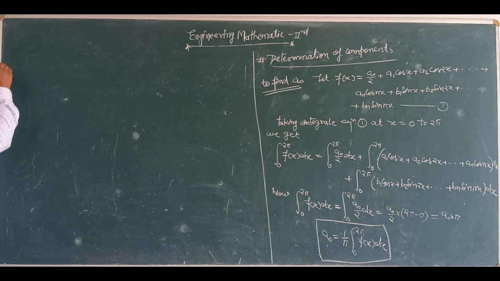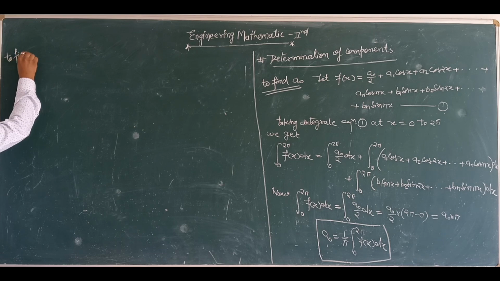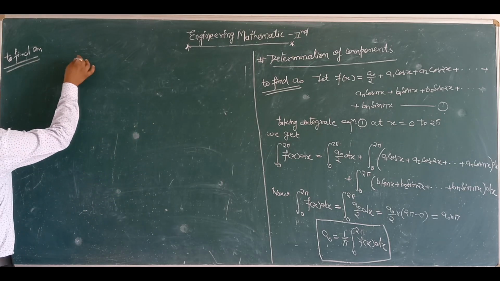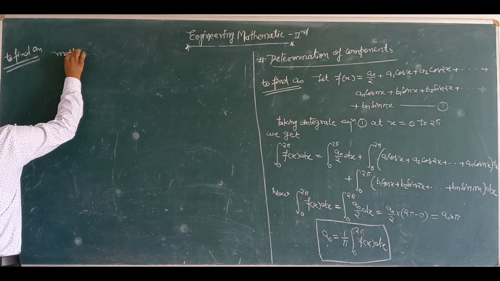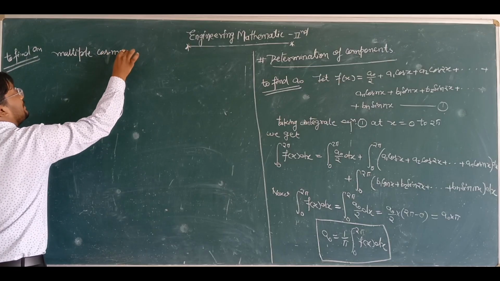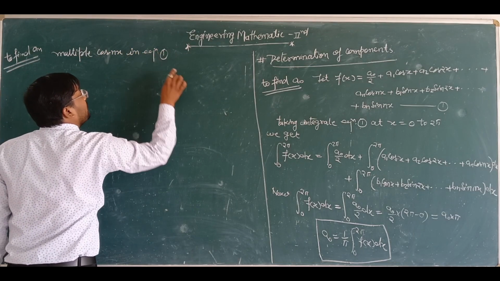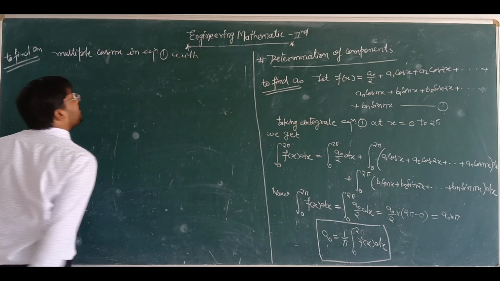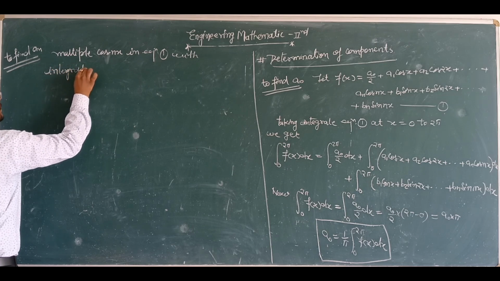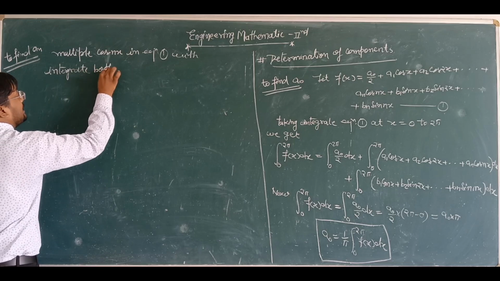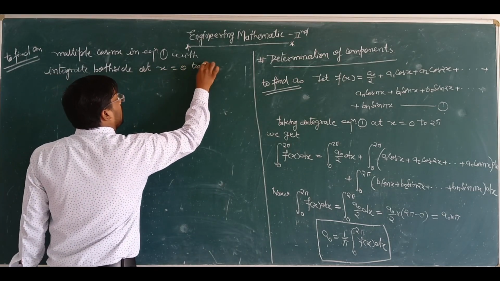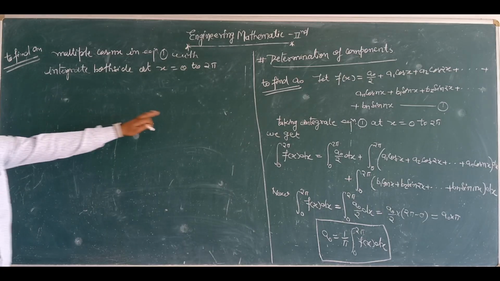Continuing this step to find an, multiply cos nx in equation first, and integrate both sides at interval x equal to 0 to 2 pi. You multiply equation first, which is a Fourier series.